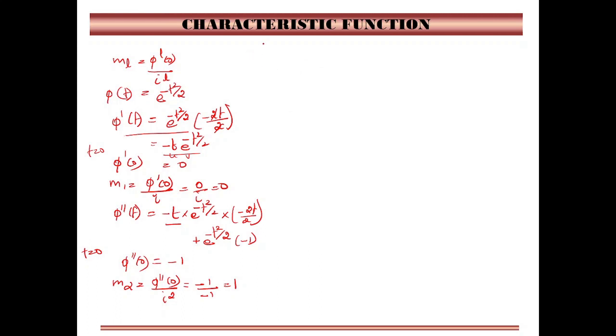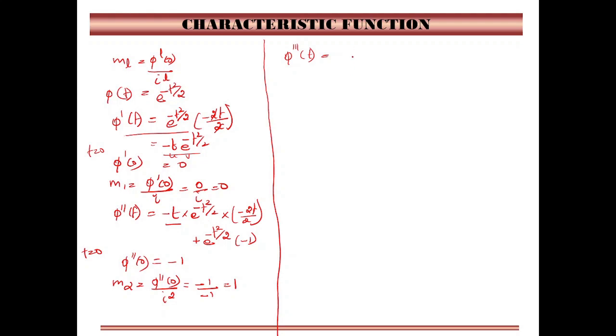And find m3. To find m3, phi triple dash of t is obtained by differentiating again.